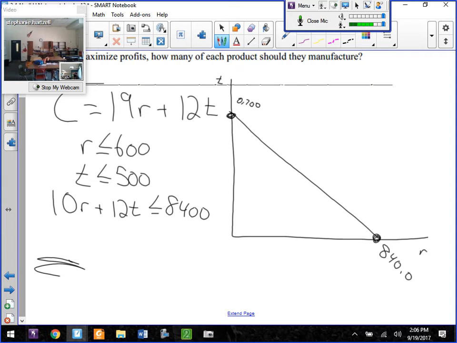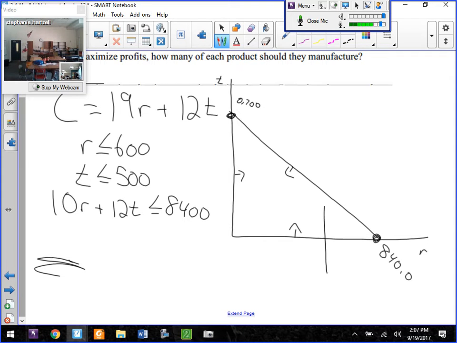Inward or outward? Inward, very good. You're moving inward. I have a vertical line at what? Very good. I have a horizontal line at where? 500.